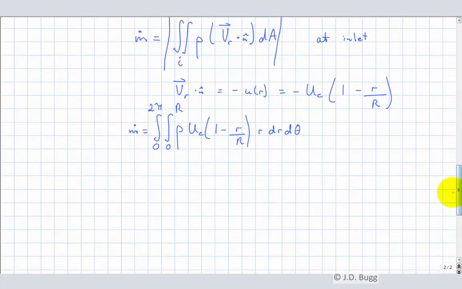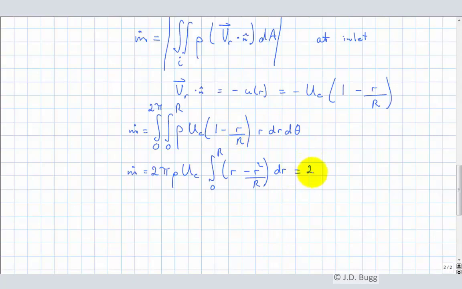So this is going to allow us to find this U_C. We know everything in this equation except U_C. So first of all, we need to do the integration. Notice nothing in here depends on theta, so the theta integral evaluates right away just to 2 pi. The density is constant, U_C is constant. So we're left with an integral from 0 to R of (r minus r squared over R) dr. Remember, there's this r here that has been distributed into this.